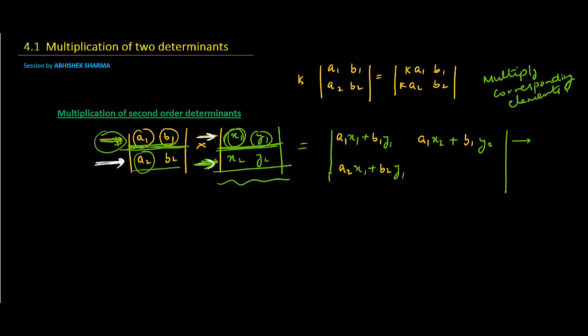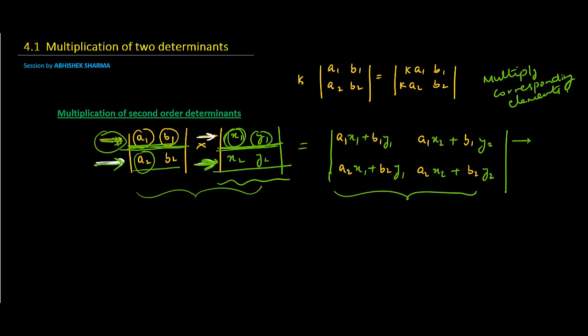Now we multiply the elements of this row first with the first row and then with the second row of the second determinant. This is the strategy. So again we get a2 x1 plus b2 y1, where corresponding elements are multiplied, and then the second row with the second row. This is the multiplication of these two determinants, and we leave the answer in the form of a determinant.